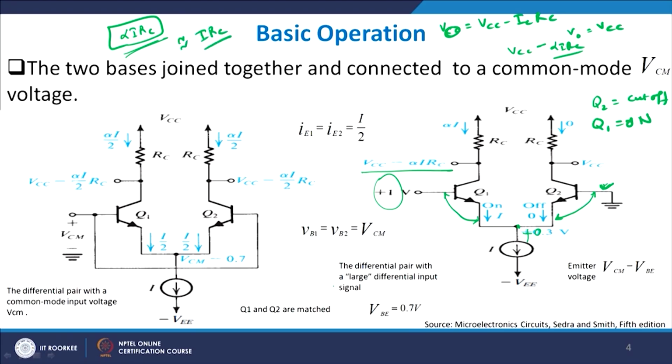This is with the assumption that Q2 is perfectly off and Q1 is perfectly on, and all the current of this current source is routed through Q1. So, this is the basic assumption. Now, Q1 and Q2 are matched, I am assuming this to be true, right.